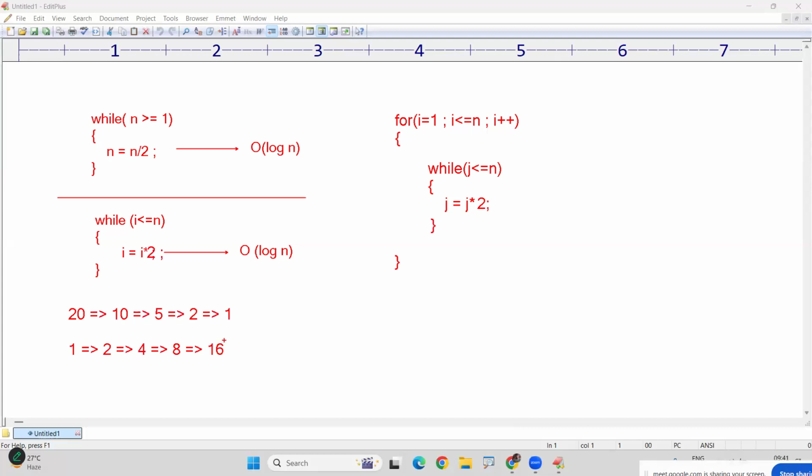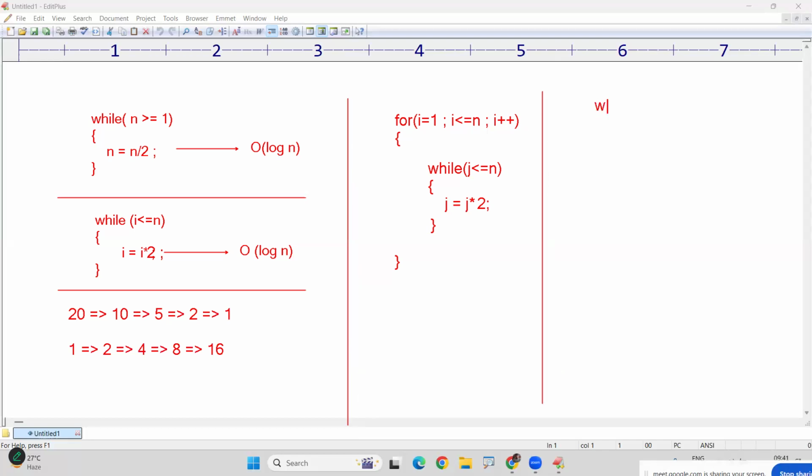Square root we discussed now. Before explaining this, I already explained this one. While n is up to 2, inside what we did? n equals root n we discussed.